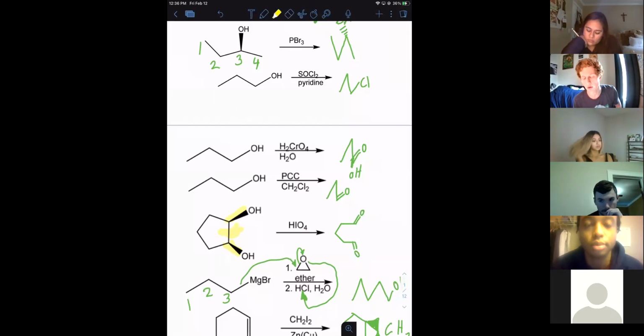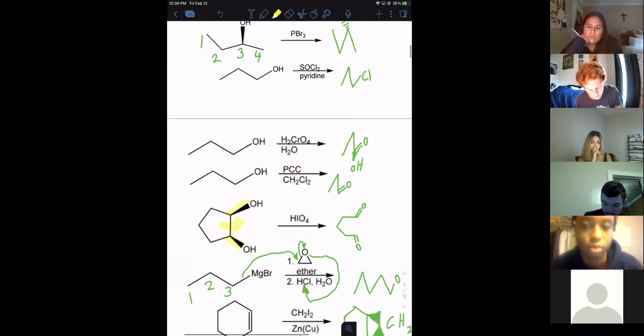That's why I avoid dichromate and only use these two, because they're surefire. You know when you're using chromic acid that it's going to oxidize it as far as it possibly can go. And you know when you use PCC that it's only going to take alcohols and make them into carbonyls. So that's the gist of it there.